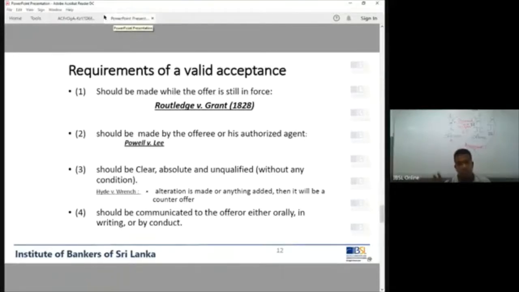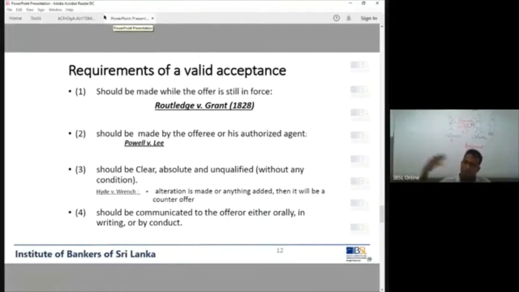So the agent, when he is signing the document on behalf of me, has to show the power of attorney to the other party. Then the other party will understand that the person who signed the agreement, or rather the acceptance, is authorized to do so by me.